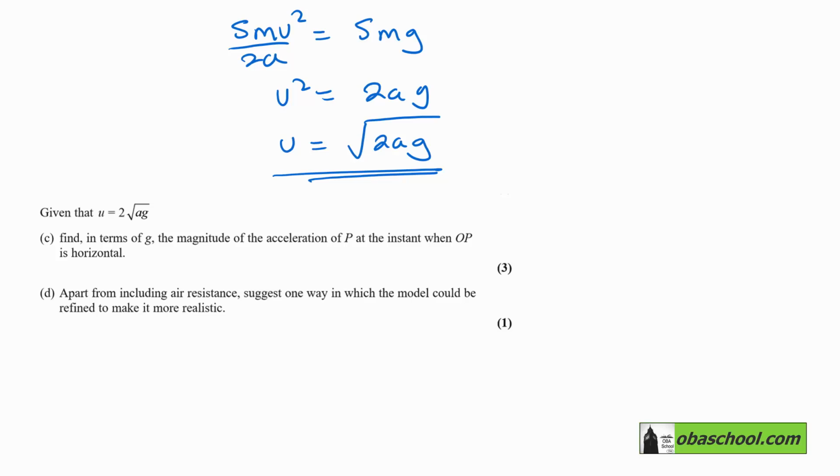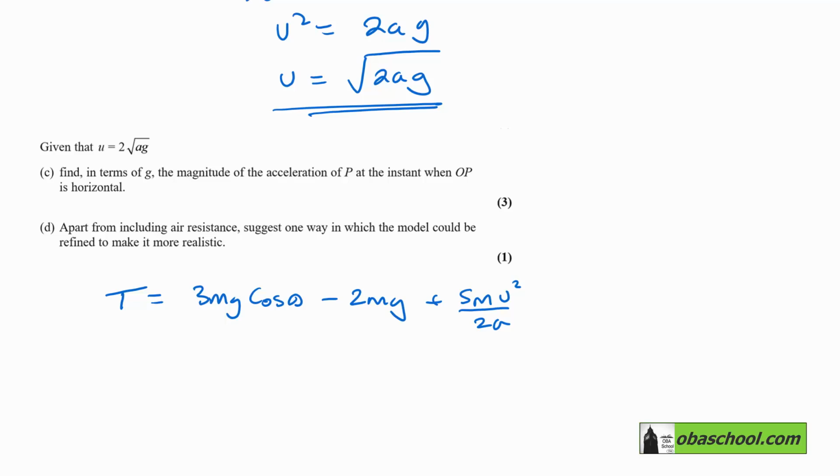Given that u is equal to 2 root ag, find in terms of g the magnitude of the acceleration of P at the instant when OP is horizontal. Now remember, we have T is equal to 3mg cos theta minus 2mg plus 5mu squared over 2a. And we're looking at the situation where it's horizontal, which means theta is pi by 2.